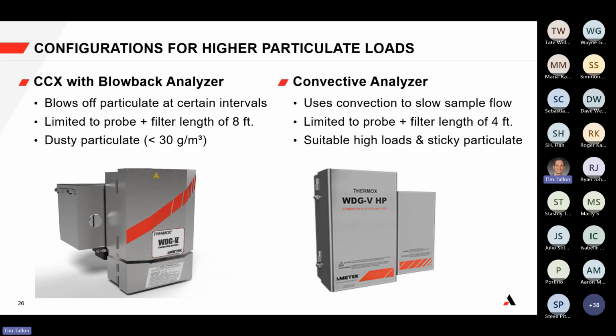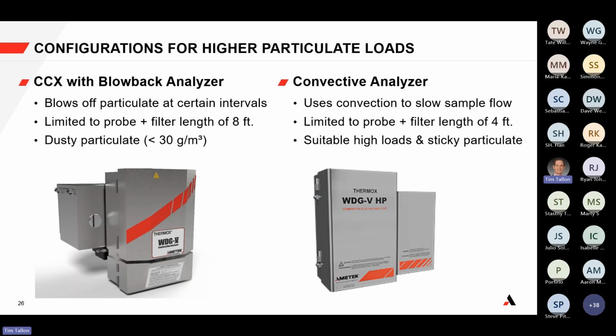Now, because it's high pressure air forced through a tube, there is a limitation on the probe and filter length. And so what we've seen with our blowback type analyzer is that it really maxed out at about 8 feet. After 8 feet of combined length, you could still probably do a blowback, but it wouldn't have the same power and strength and pressure to blow off the filter as it would at a lower length.